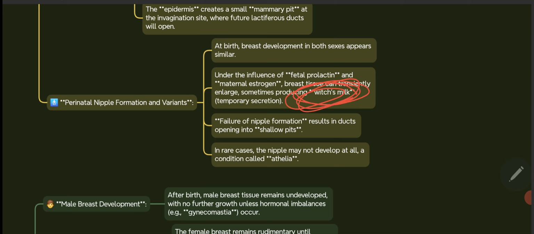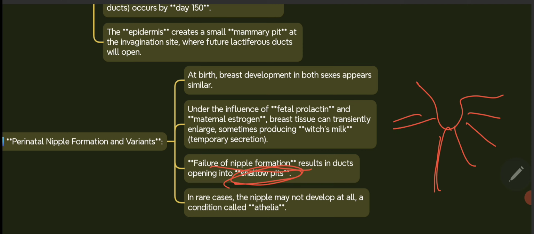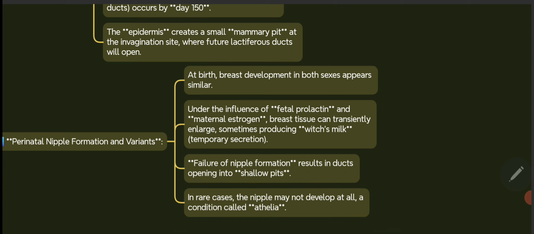It's a temporary secretion. Failure of nipple formation results in ducts opening into a shallow pit. In rare cases, the nipple may not develop at all, a condition called athelia.